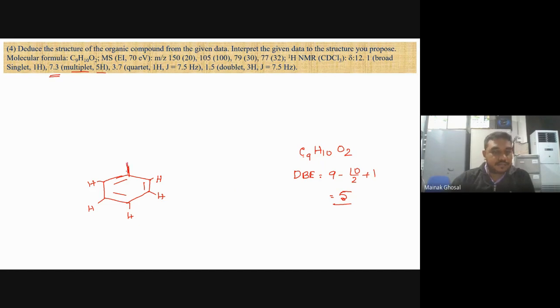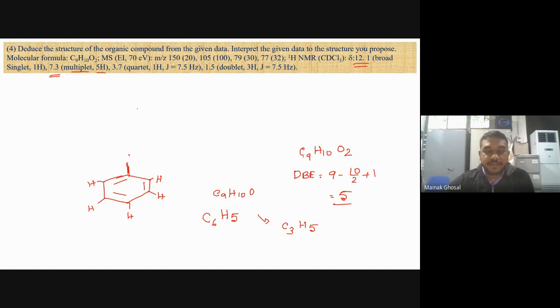Now, since there is nothing else, it is C6H5, and you have C9H10O2, so you are left with C3H5O2. You see here you have 12.1 delta, a broad singlet of 1 hydrogen.